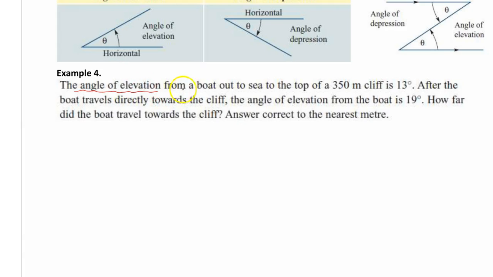So the angle of elevation from a boat out to sea to the top of a 350 metre cliff is 13 degrees. So simply we've got out to sea, we've got a cliff, we've got a boat sitting out here, and the angle of elevation to the top of the cliff.